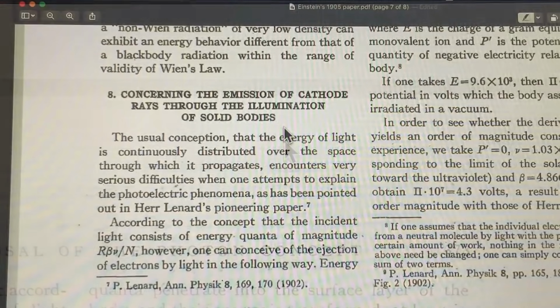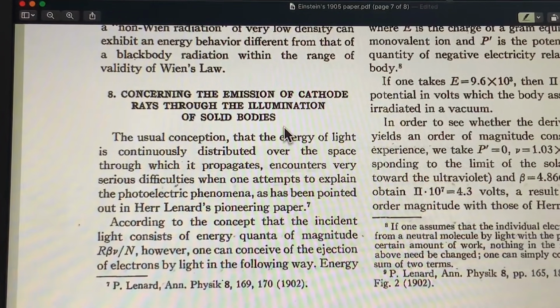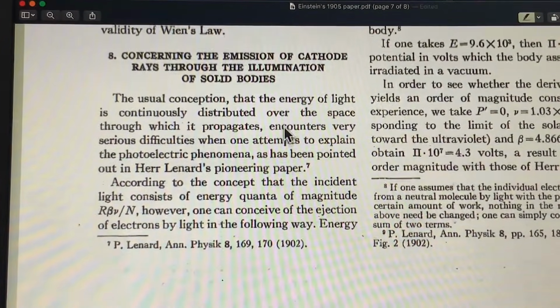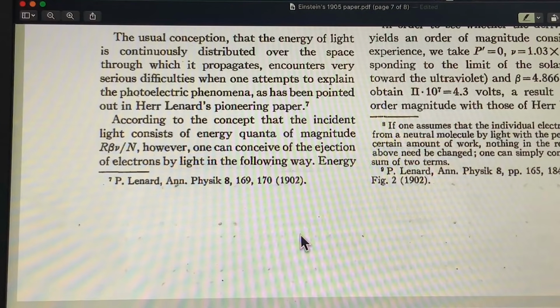And then comes section 8, which is concerning the emission of cathode rays through the illumination of solid bodies. Now comes the photoelectric effect. He mentions that the usual conception, that the energy of light is continuously distributed over the space throughout which it propagates, encounters very serious difficulties when one attempts to explain the photoelectric phenomena, as has been pointed out in Lenard's pioneering paper.